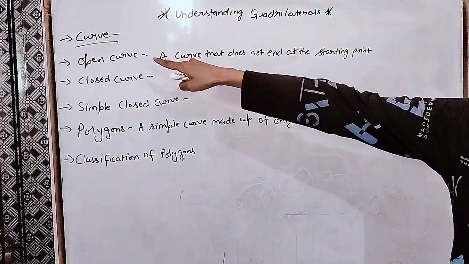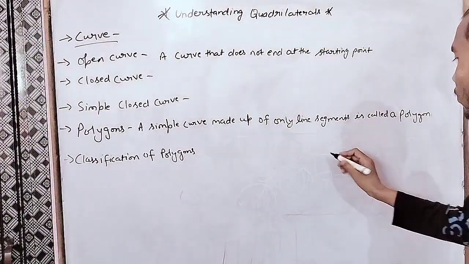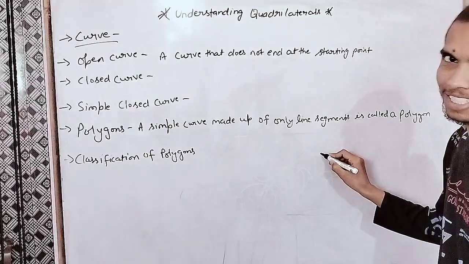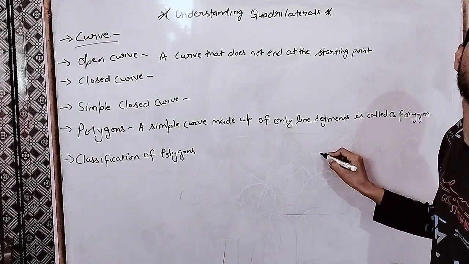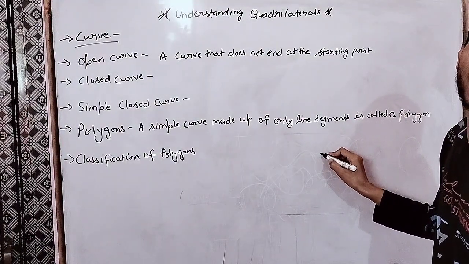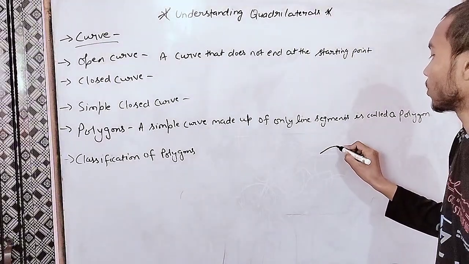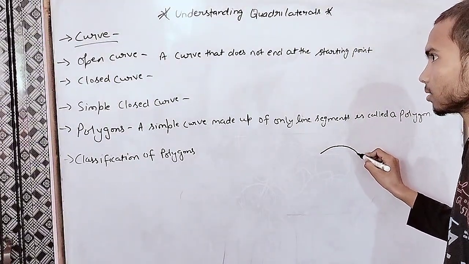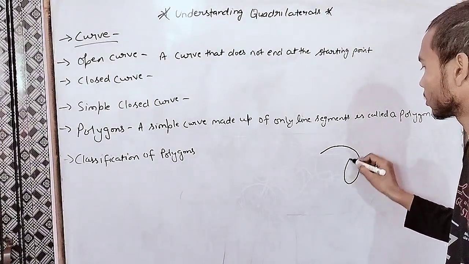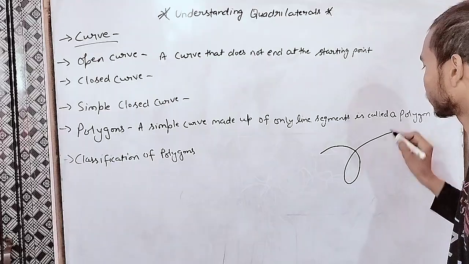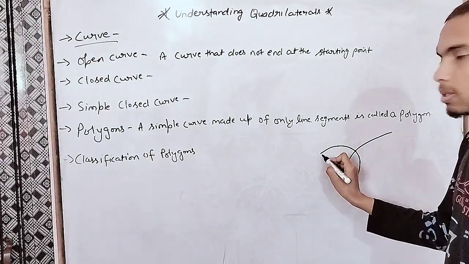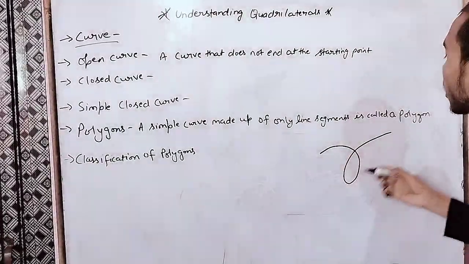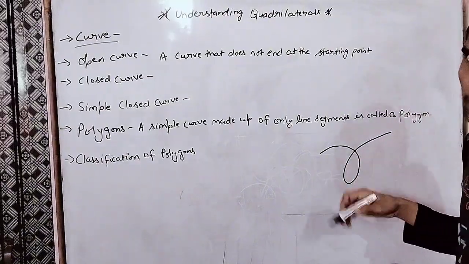Open curve. So let's start with the first point, and we are going to make a diagram of an open curve. This is the first point where we started, and this is the end point where we ended.